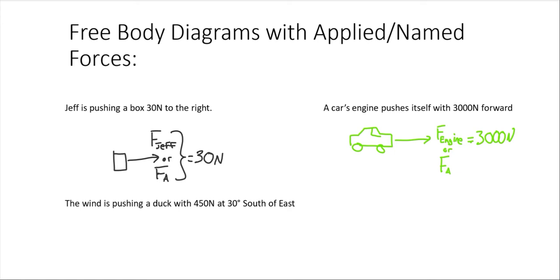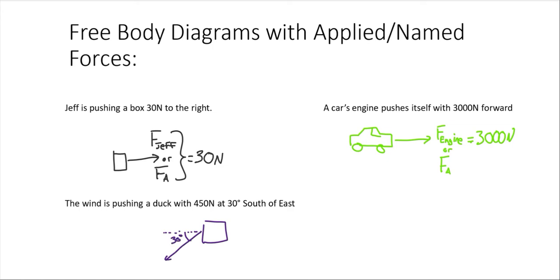Let's do one last example. The wind is pushing a duck 450 newtons, 30 degrees south of east. Well, here's my duck. It's just a box. And 30 degrees south of east, well, east is going this way in the dotted line. So south of it would be a little bit down, like that. 30 degrees south of east.